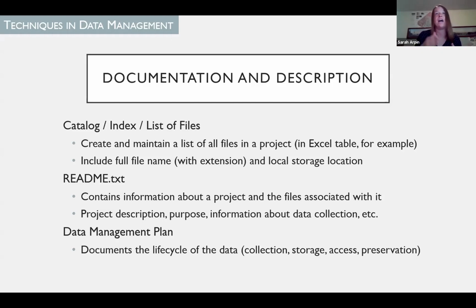And you want to maintain that, update that as you add new files to that, and include things like the extension, so .doc or .pdf, and where that file is located. Your readme.txt file would be in that project folder as well, and that's where you describe what the project was about, what the purpose of the project was, and what some of those files, in more detail, what is included in those files.